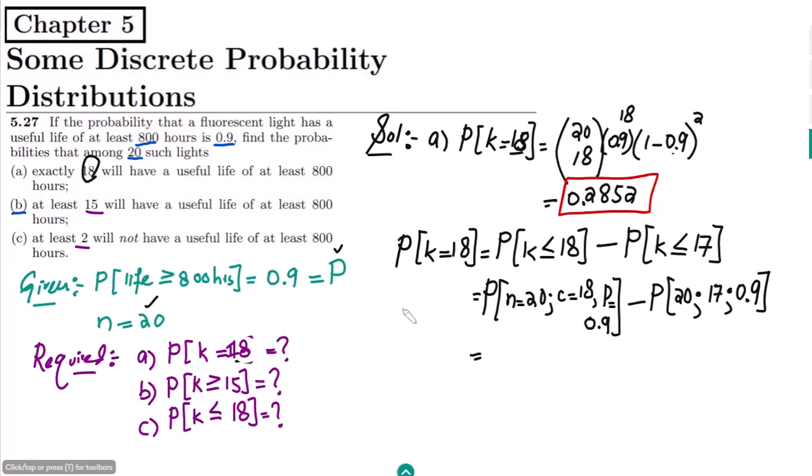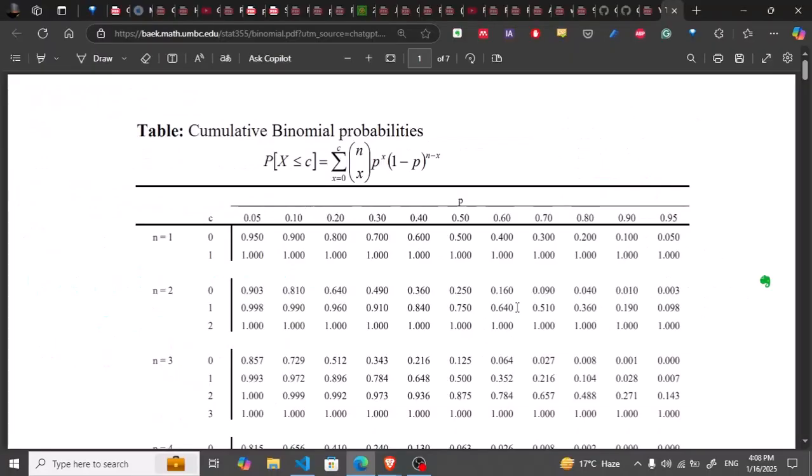So let me take these values and go to the table here. This is the table which I was using. The probability is 0.9, and the value of n is 20, so let me move to the 20.